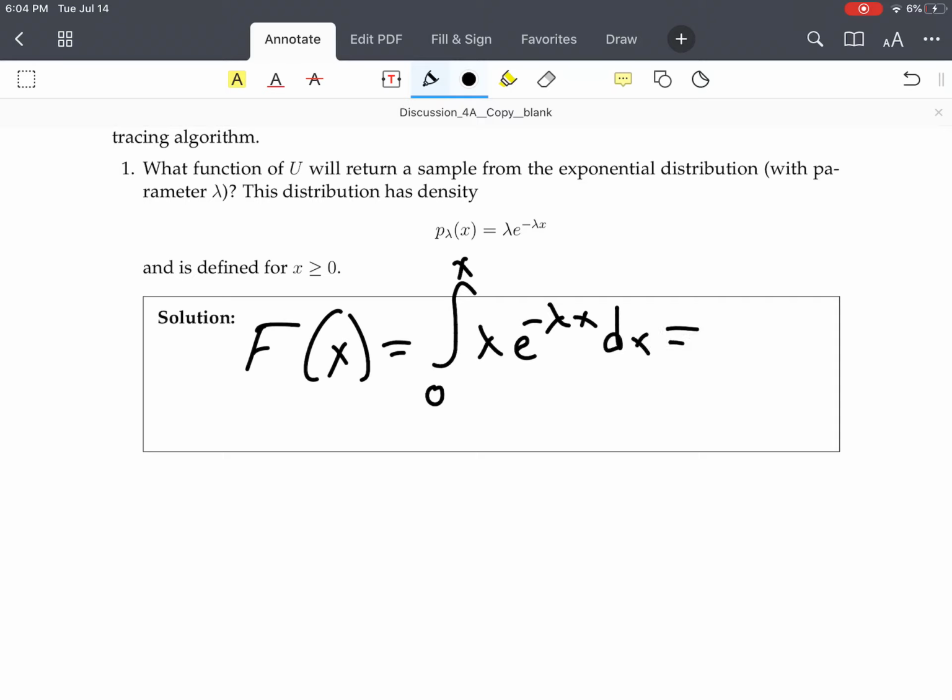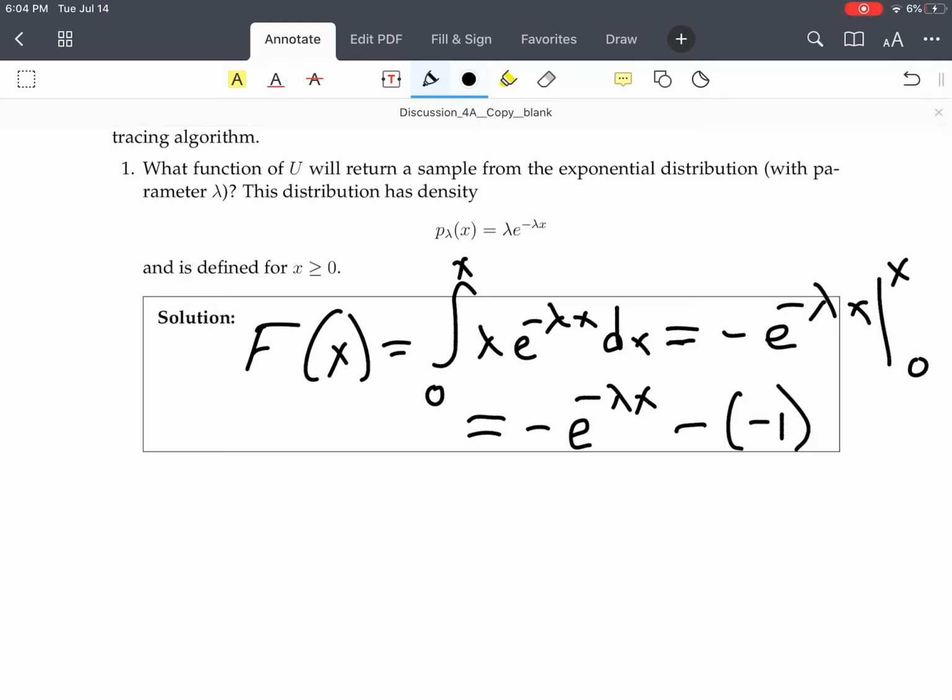Taking the antiderivative, it's negative e to the negative lambda x evaluated from 0 to x. That's negative e to the negative lambda x minus negative 1, because anything to the 0 is 1. So that equals 1 minus e to the negative lambda x. That is F of x, the CDF of the exponential distribution.